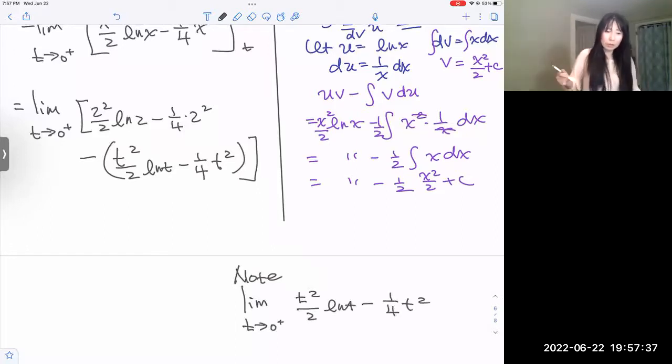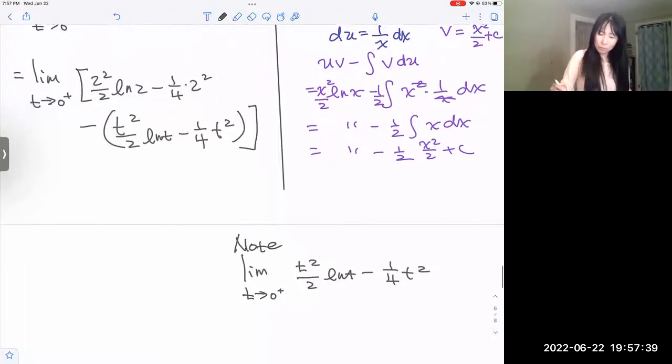Okay, now t squared. So think about this. As t approaches 0 from the right, what do you get?